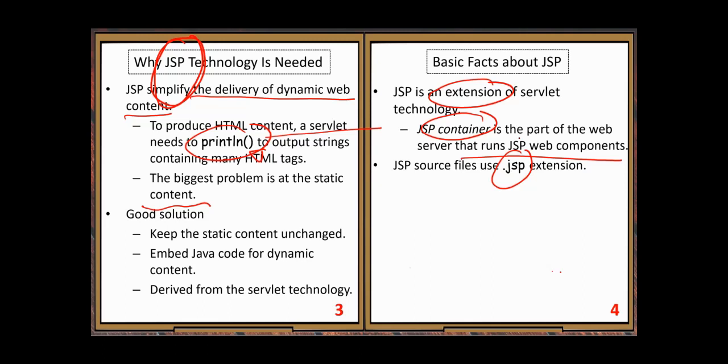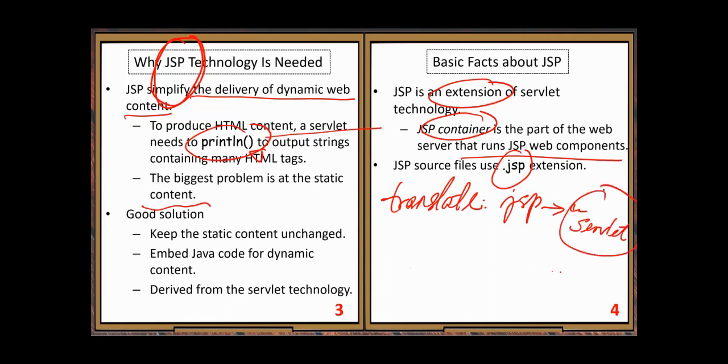The server will translate from JSP to a servlet. Remember, the underlying technology of JSP is a servlet. So the server needs to do the translation to convert it to a servlet. Then it can use the servlet technology to handle request and response. So that's the point.